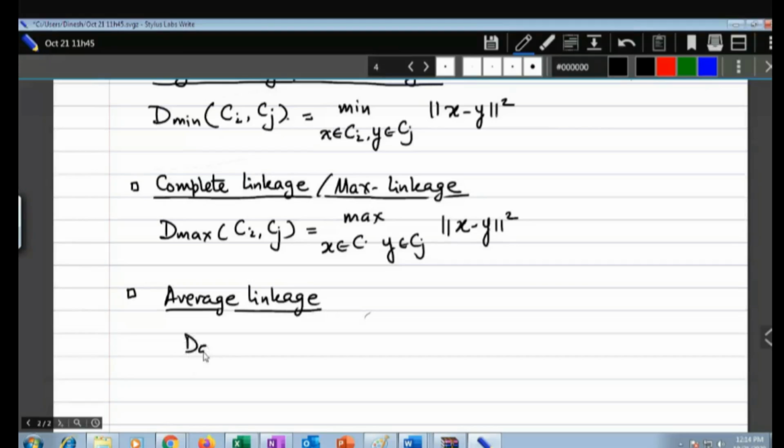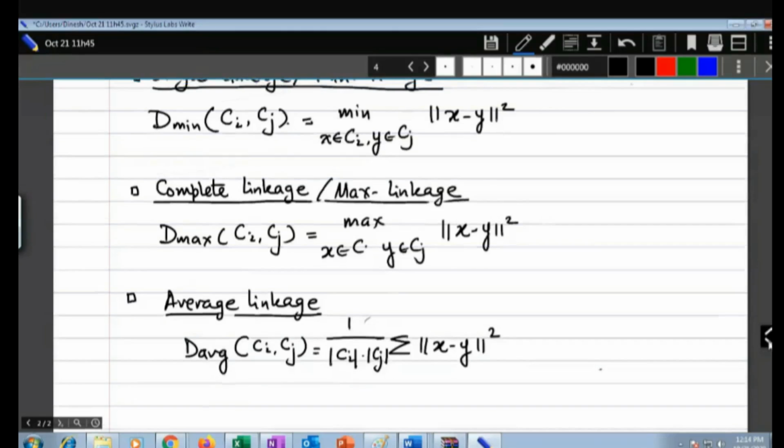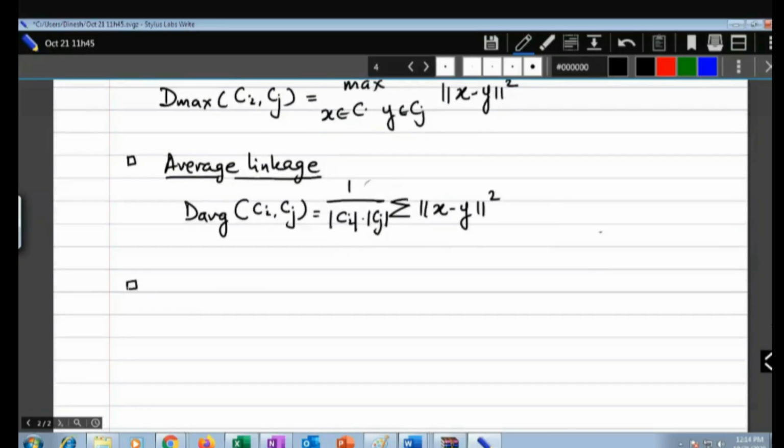Let's say D average between Ci and Cj: find the distances between all x and y, sum them up and average them. So it will be 1 divided by size of Ci times size of Cj. And the fourth one is the mean linkage.